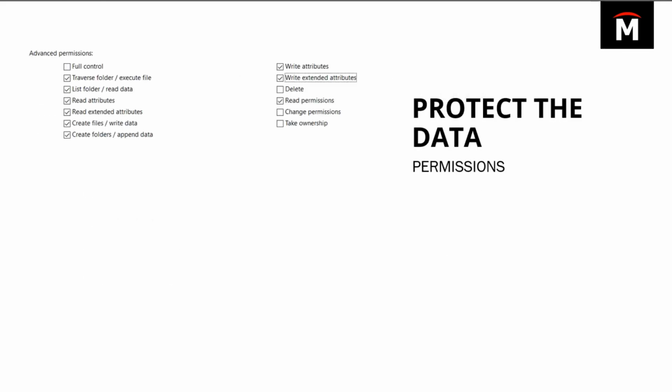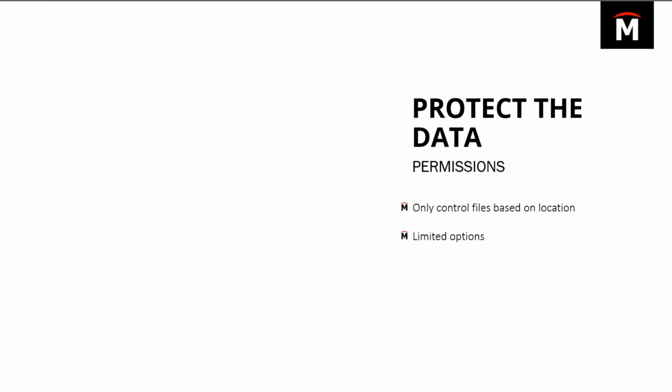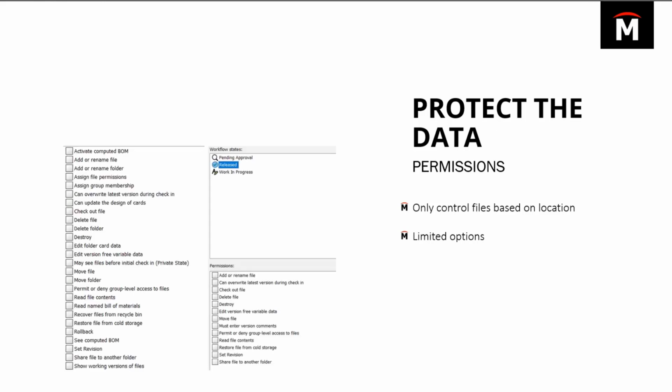Now what about permissions? So with Windows, we have pretty much read, write, or full control, which really just allows you to change permissions on that file or delete said file. And so it's only based on location. We're kind of limited in the options provided. In PDM, we have a lot more permissions, right?